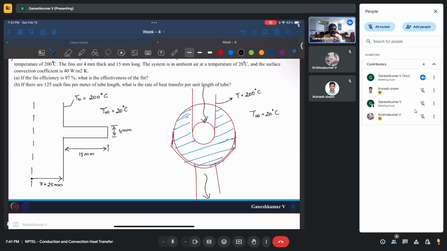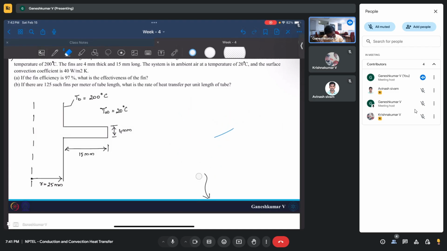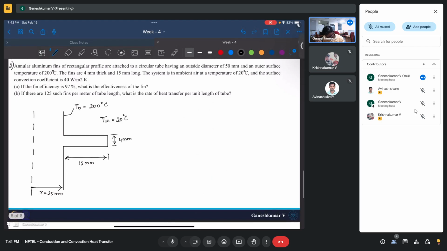So this is basically a circular fin. They also call it an annular fin. All right, this is just for your understanding. I drew this very bad figure. So, what are the other parameters given? Convective heat transfer coefficient is given, which is 40 watts per meter square Kelvin, and the base temperature, okay, these two are given.